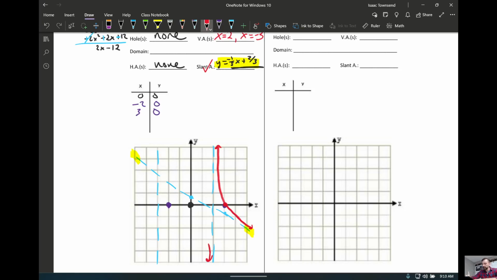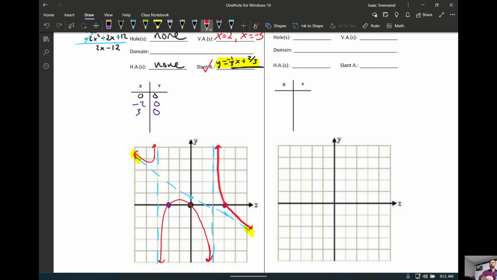It's coming down on this side so that it can hit this point, and then it must turn around and hit this point. And then based on this direction, it must be spiking down on the right side of this vertical asymptote, so up on the left side. And just like it approaches the slant asymptote on the far right, it also has to approach the slant asymptote on the far left. Horizontal asymptotes and slant asymptotes are telling you what it approaches at the ends.